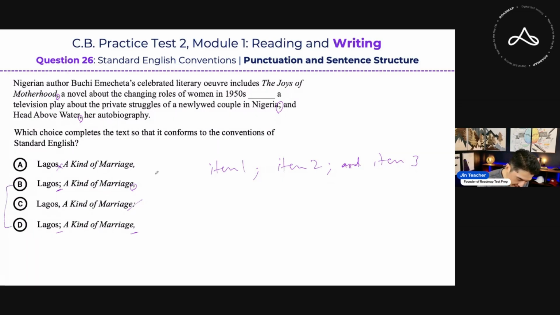But B and D, whichever one the College Board answer choice says, it's going to be right. But it's going to be a semicolon, then a comma, I mean. So I'm not sure what that is, but whichever answer choice the College Board test has as a semicolon and a comma will be correct. Okay. But that's what you'll have to know, you guys, for punctuation, right?